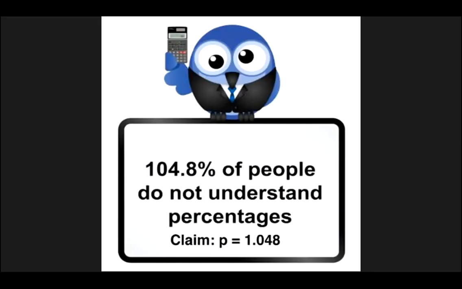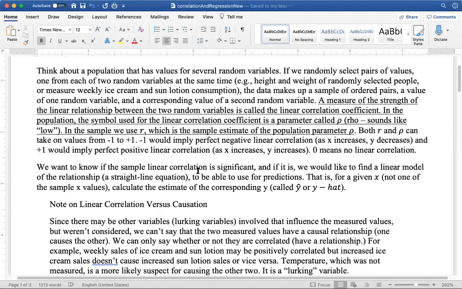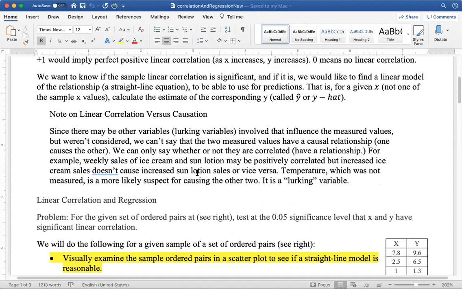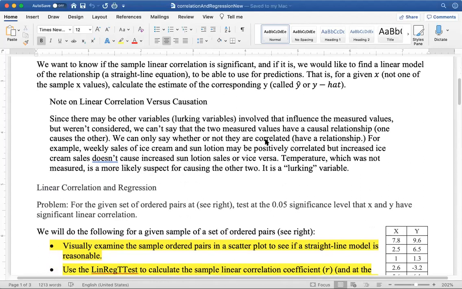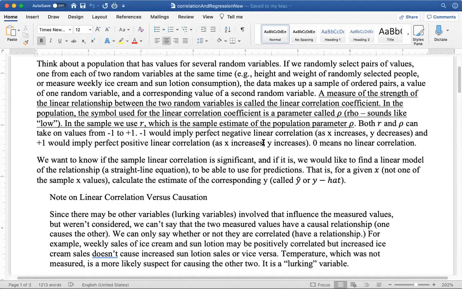Come back to our document, and let's talk some more about what we're going to be doing here. And this document, by the way, is online, so I want you to take a look at the causation versus correlation statement in here. Basically, there's an example here that I alluded to up in this first paragraph.